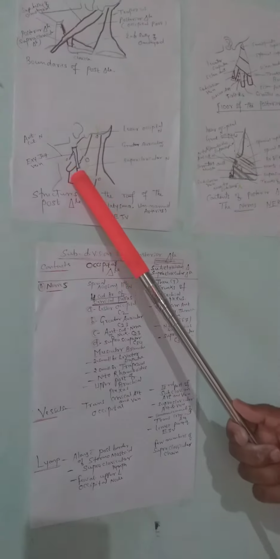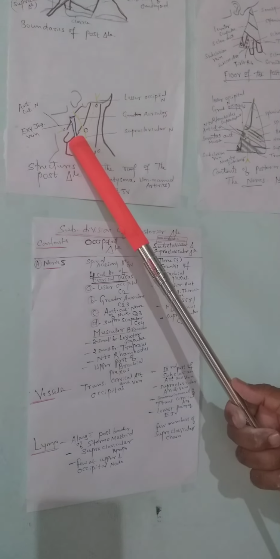Throughout its course, it does not have valves. It is used to assess venous pressure, because it reflects the right atrial pressure. The veins are full when the person is in the lying or recumbent position.